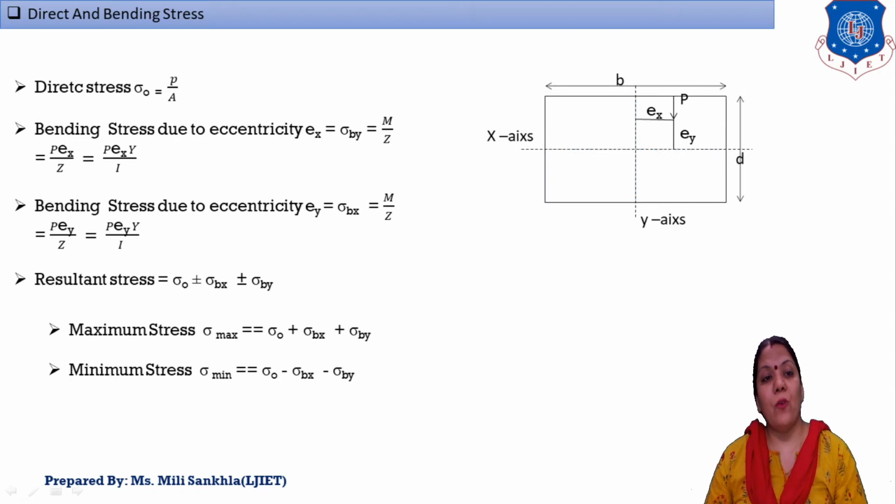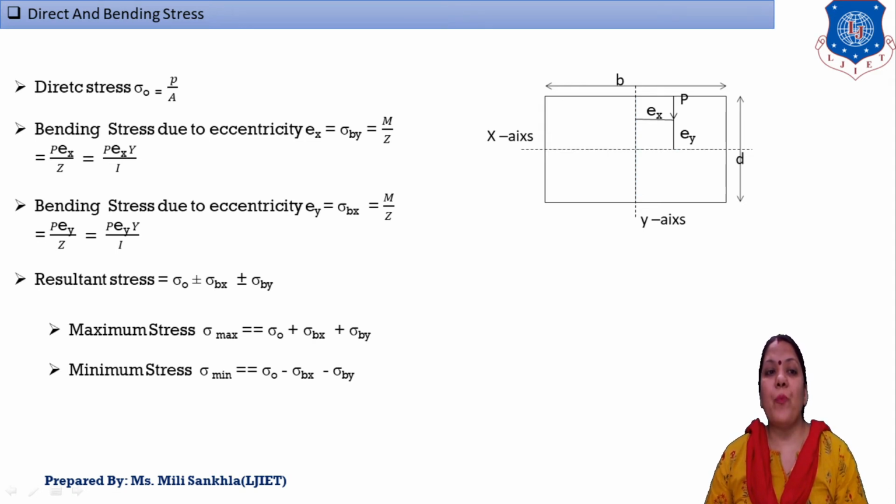Now again I take the plan of this column section. Direct stress for this given figure is equal to load divided by area, and then bending stress due to eccentricity Ex. If we take eccentricity Ex, we find the bending stress about the y-axis. Sigma By is equal to M by Z. Now what is M?